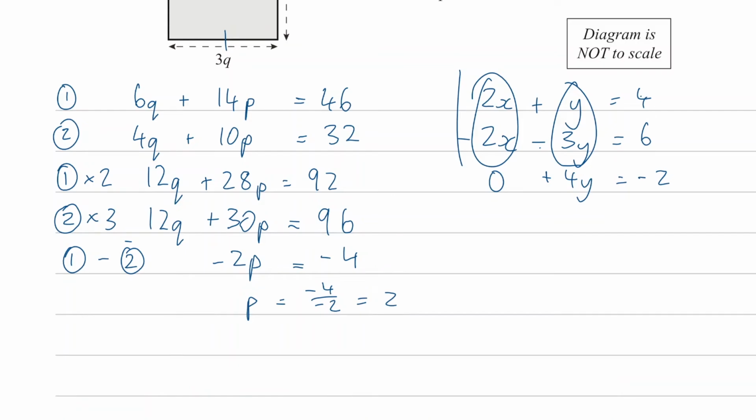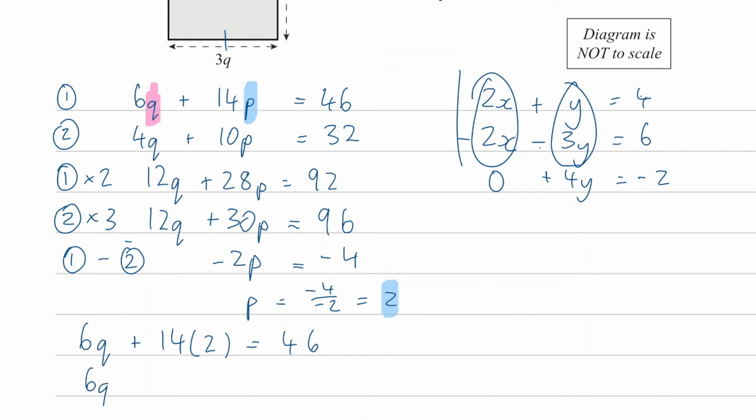So again, we've found two equations. We've then eliminated one variable by subtracting the equations, which let us solve for p. And now we can insert p equal to 2 back up into, let's say, this first equation, and then we can solve for q. So 6q plus 14p, well, we said p was 2, is equal to 46.